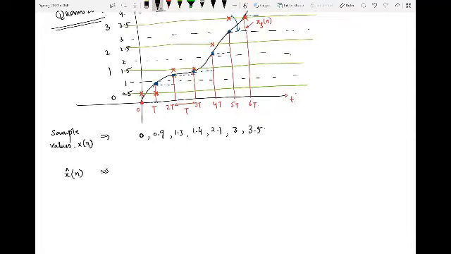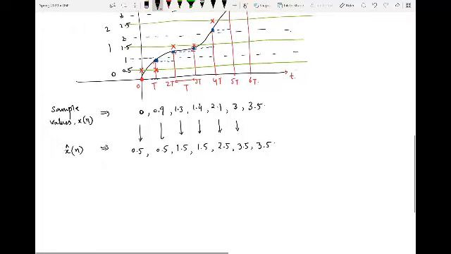So x hat of n will be the quantized values shown by these red crosses. In place of the first sample, it will generate 0.5 as per the nearest level. For 0.9, it will map it again to 0.5, and 1.3 is mapped to the level 1.5, and 1.4 is also mapped to 1.5. 2.1 will be mapped to 2.5, 3 will be mapped to 3.5, and 3.5 to 3.5.